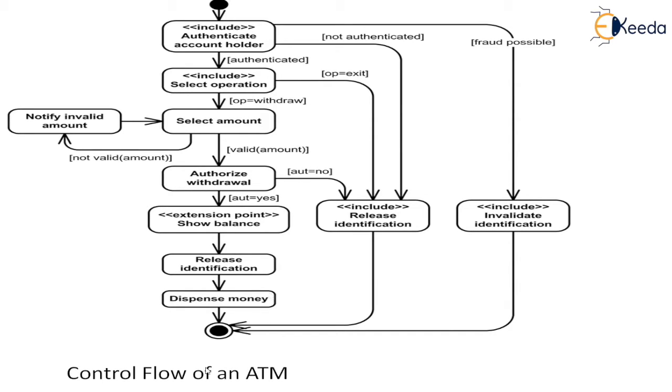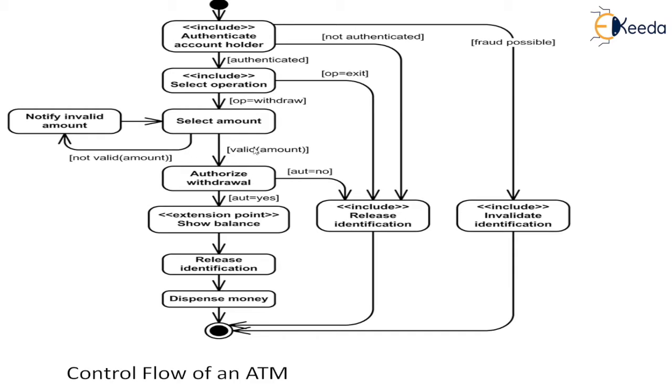So these square brackets are all constraints, and this is the start, this is the stop. The stop is always like this, double, and these are the different states, different actions it is doing, and there is an include, you can include something. So include authenticate account holder, select operation, select amount. If the amount is not valid, then you have to give a notification or a message.